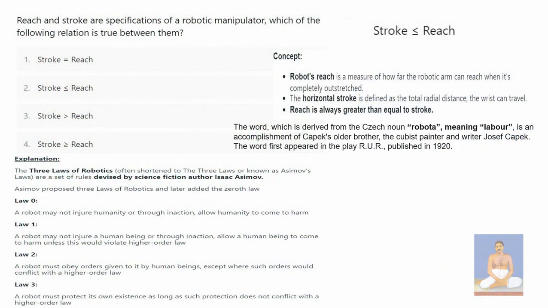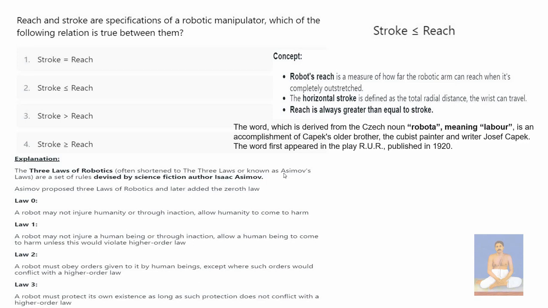Now 2 important factors for a robot are reach and stroke, which are specifications of a robotic manipulator. If we see on the basis of an MCQ, what is the reach and stroke of a robot, we find that stroke is equal to reach, stroke is less than or equal to reach, stroke is greater than or equal to the reach.